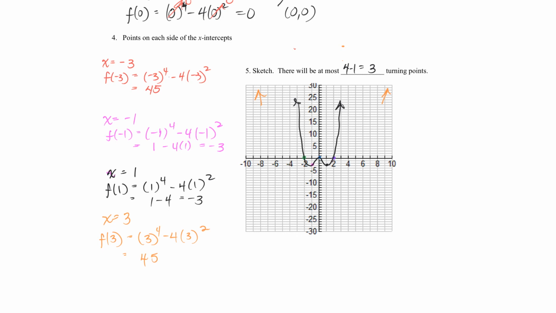And I can see that it makes somewhat of a W shape, right? And again, it has 3 turning points. Turns here, turns here, turns here. We know for certain the turning point or the relative maximum is here. We don't know exactly where the relative minimums are without calculus, but we can get a really nice rough sketch.